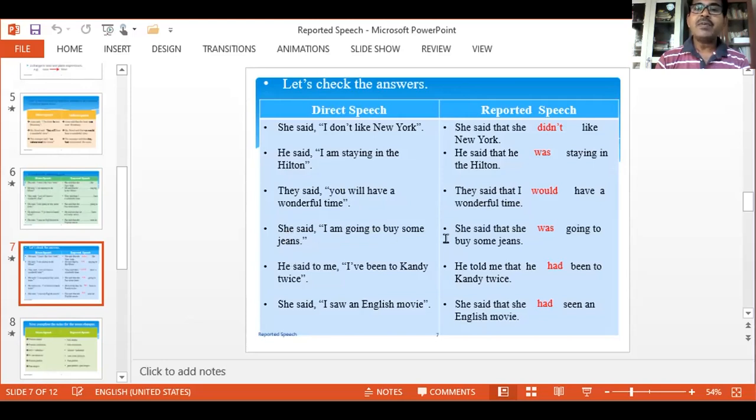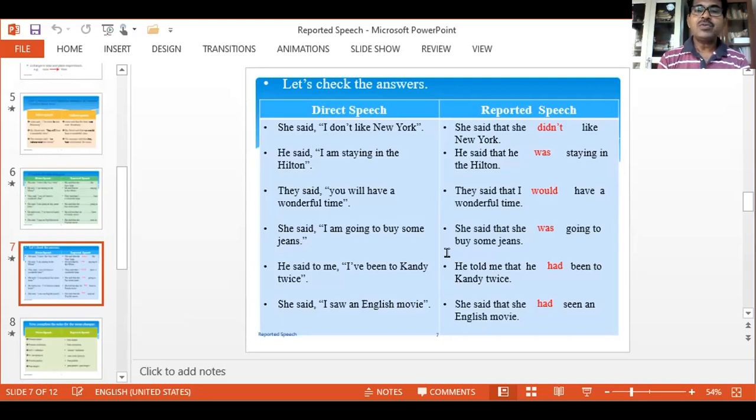Look at the reported speech. She said that she was going to buy some jeans. So what happens here is, once again, present continuous becomes past continuous. Am going, was going. See the change and try to understand it.